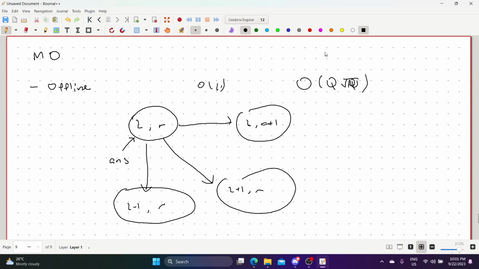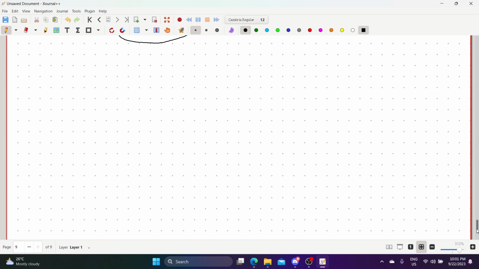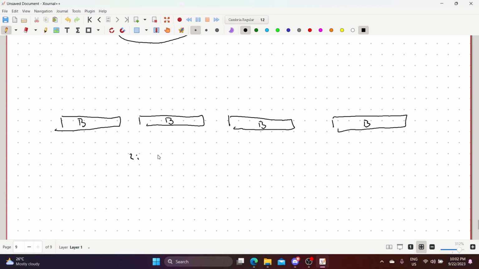So the big idea behind this is that we want to reorder the way that we solve the queries. So what we can do is that we have buckets again, and each bucket is of size B. Then we have a bunch of queries, with Li, Ri.